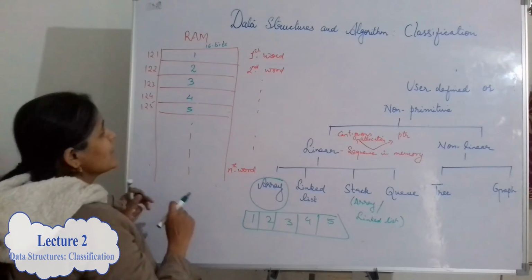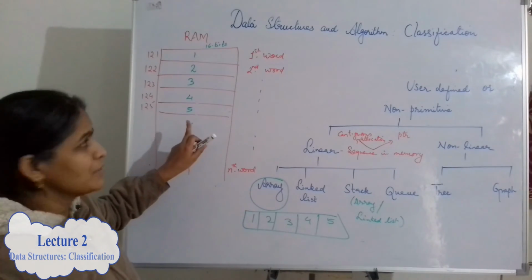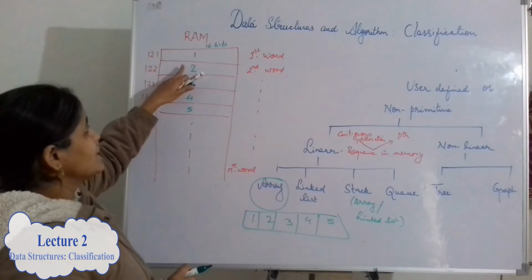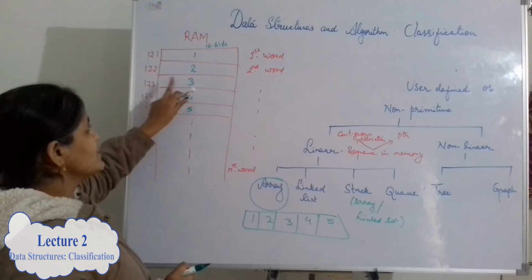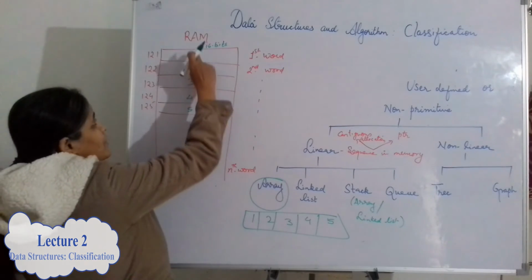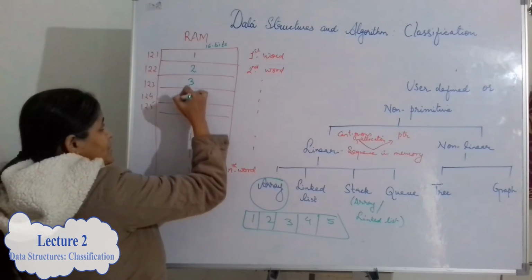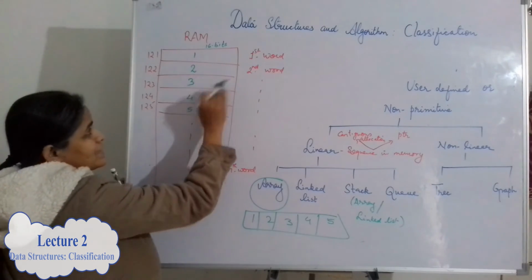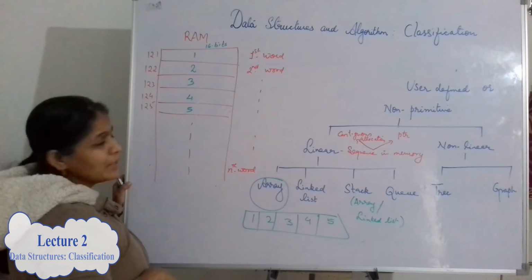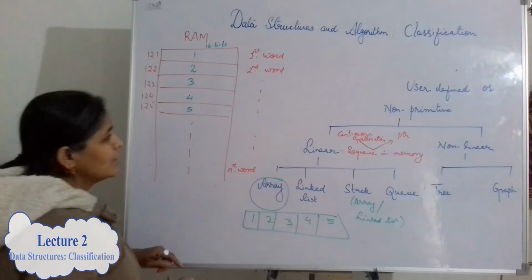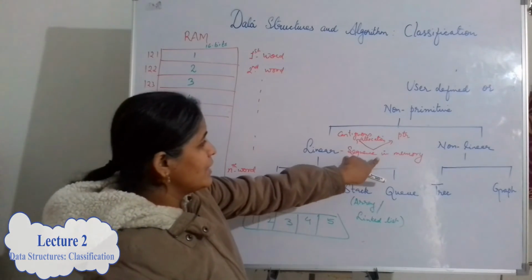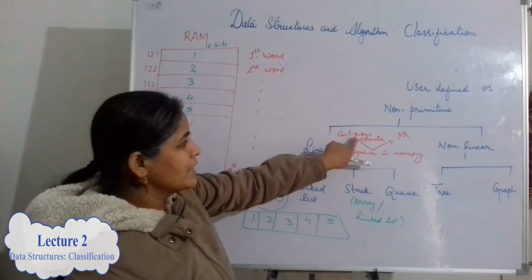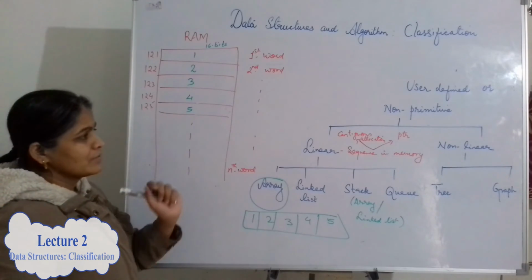This is known as contiguous memory allocation. The first item is stored at the first address, the second item at the second address, the third at the third address, like that. This allocation is contiguous, meaning no break is there in the memory. So the sequence of items in the array is maintained using contiguous memory allocation.